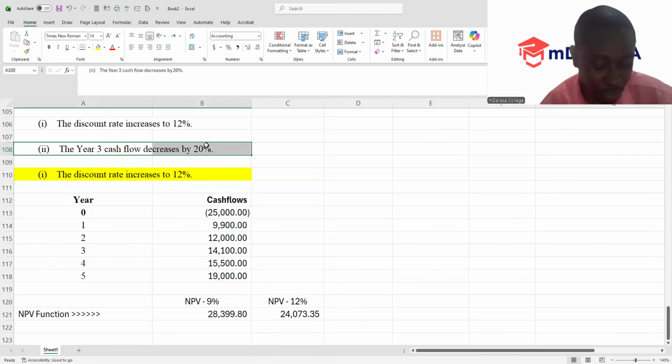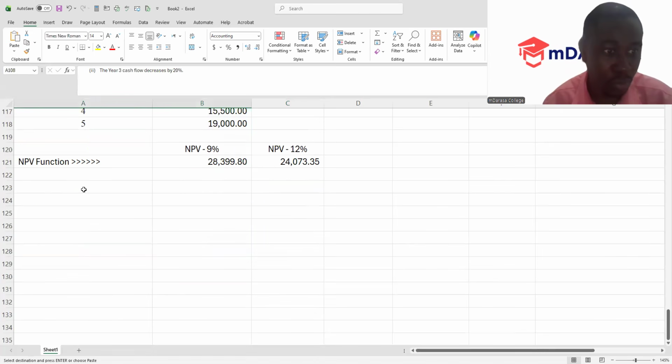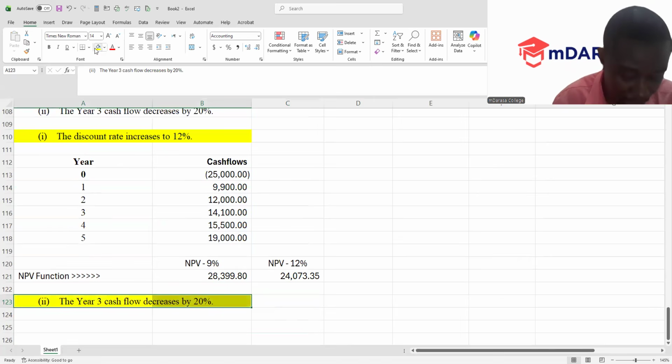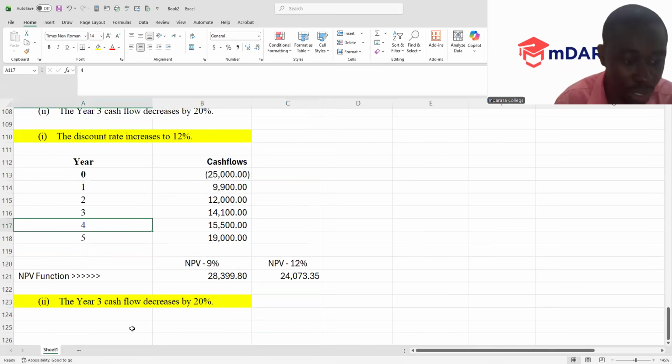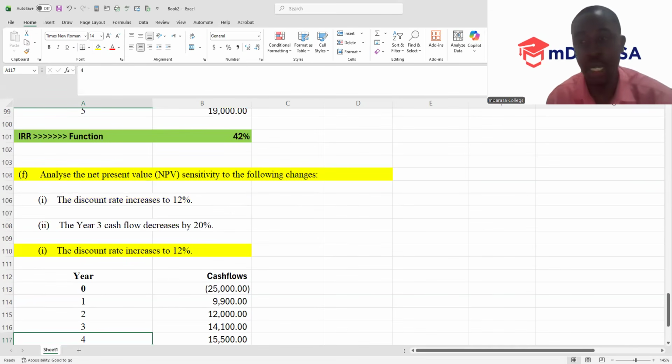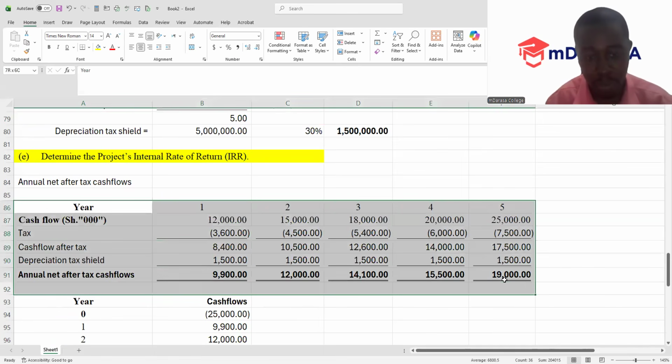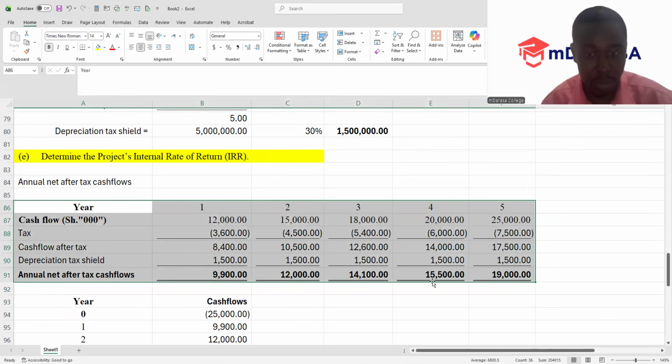Part 2. What are we required to do in part 2? Again, this is easy. The year 3 cash flows decrease by 20%. Which cash flow are we going to impact? Of course, we come and take what we had here. We copy paste exactly what we had.